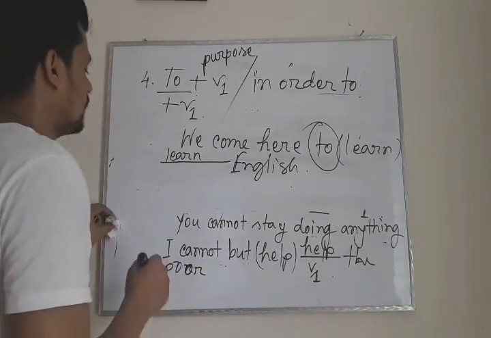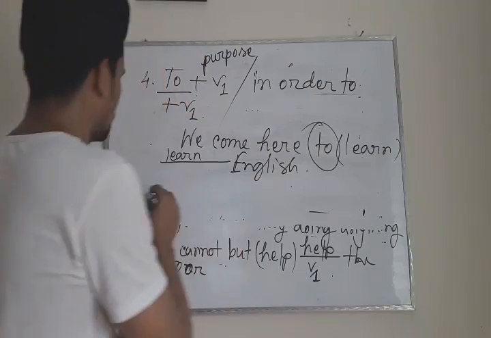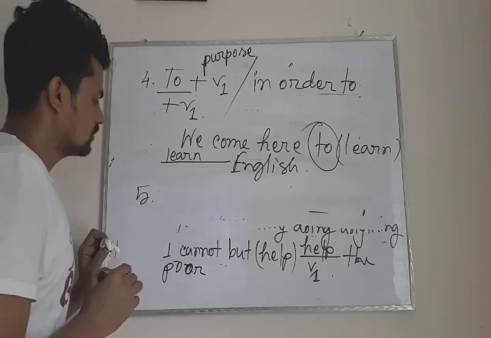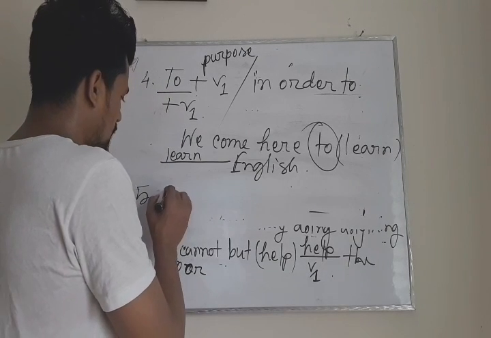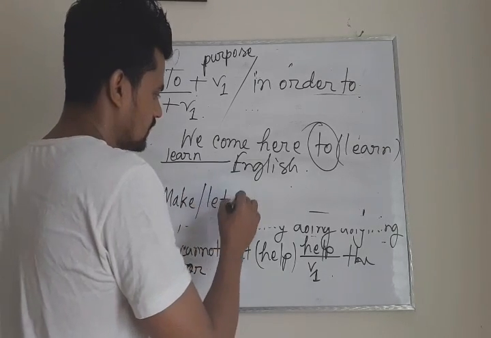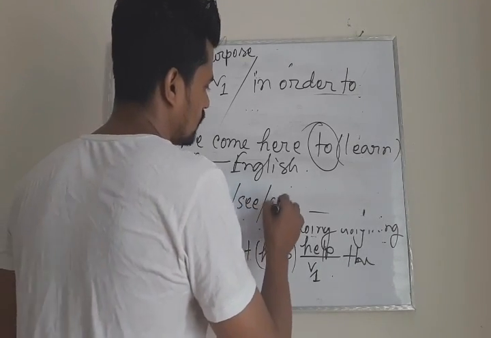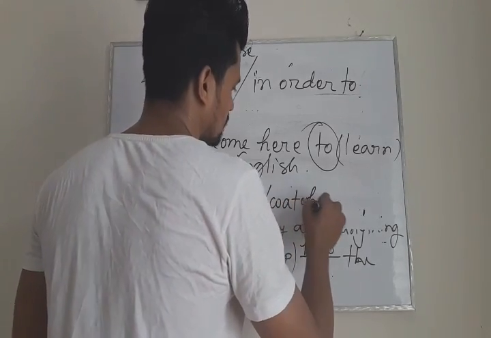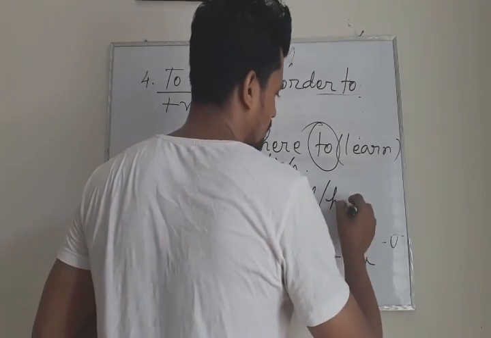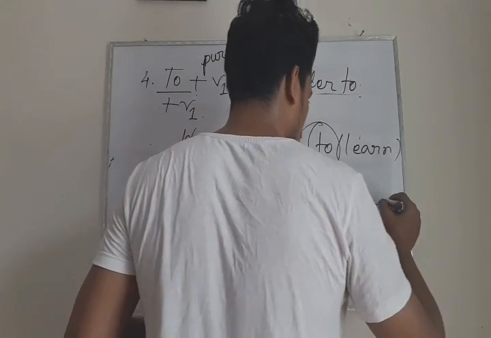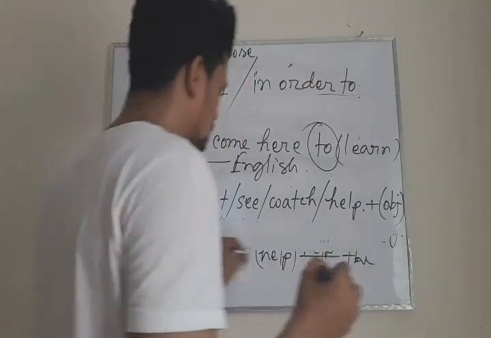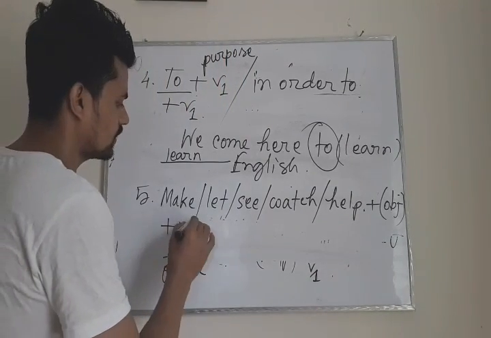Okay. Now, number 5: make, let, see, watch, help, plus maybe an object or not, plus V1.